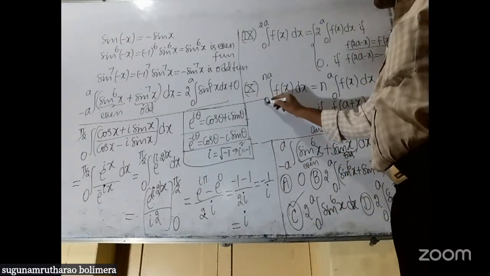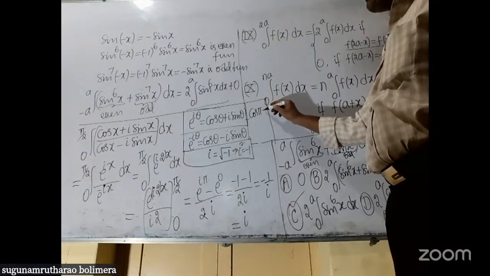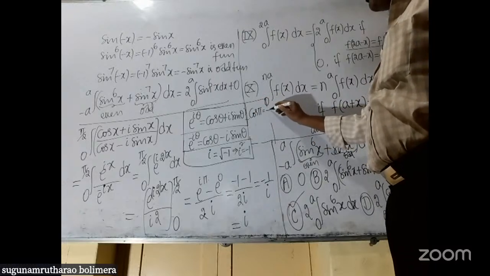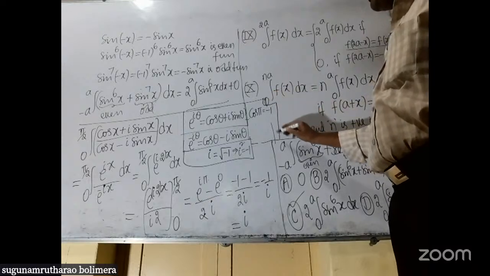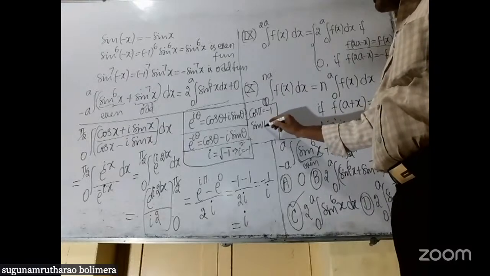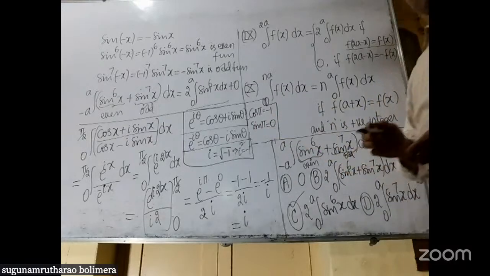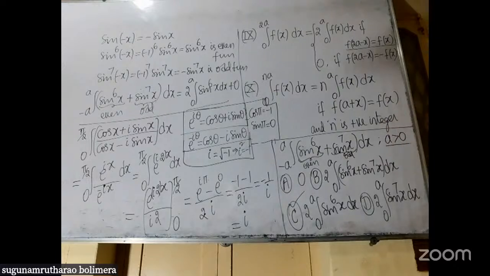And here cos pi is minus 1. You might have remembered; if not, I will write it here. Sin pi is 0. So now write it down, make it quick.